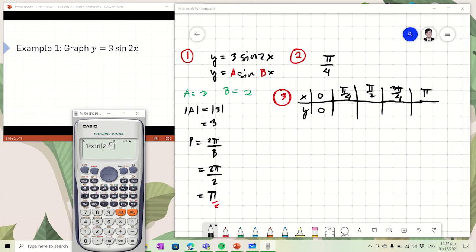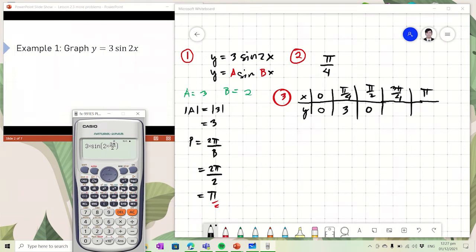So fraction bar, shift, then itong pi over 4. So that will result to a 3. So do the same thing again, but replace x with pi over 2. You will get 0. So I think nakikita nyo na yung pattern.